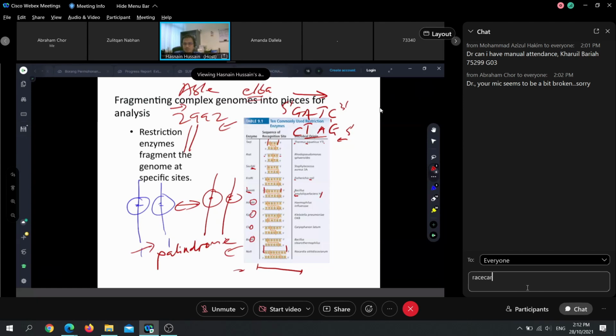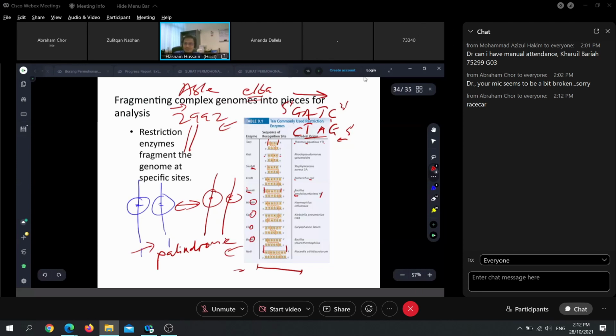Okay, so palindromic. I saw someone wrote Riska, yeah. But so that is palindromic. So all restriction enzyme sites are palindromic.